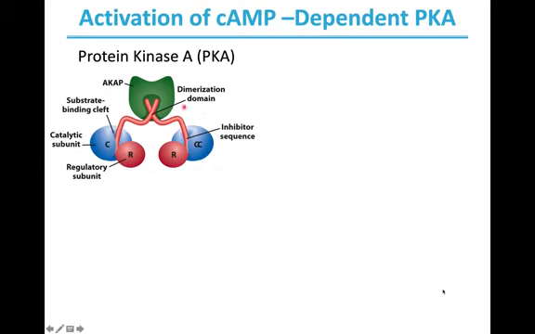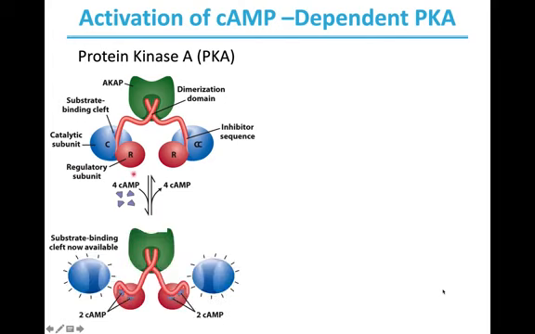Now, what happens to this inhibitor sequence? When four cyclic adenosine monophosphate molecules bind, they bind to the regulatory subunit. So two molecules of cAMP bind to one of the subunit of the regulatory protein, and the other two bind to the other subunit.